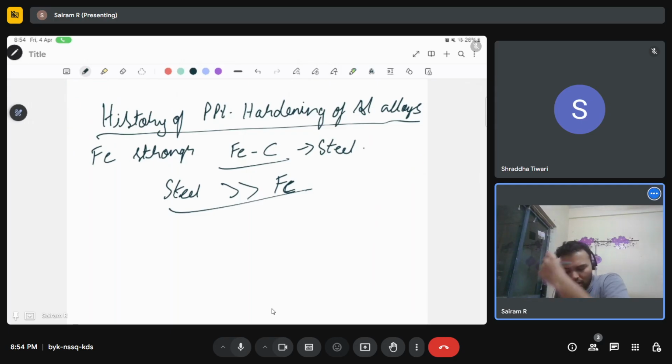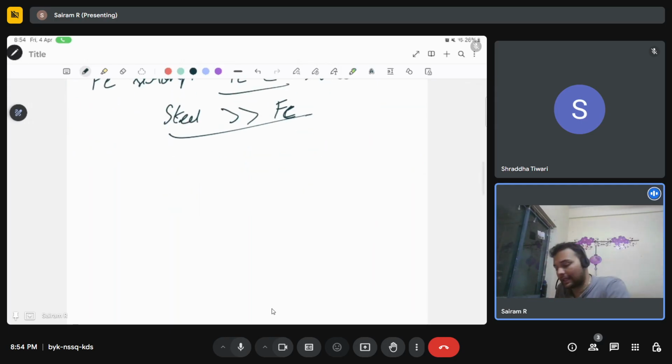Now they knew one more thing: the density of aluminum is much less than the density of iron.